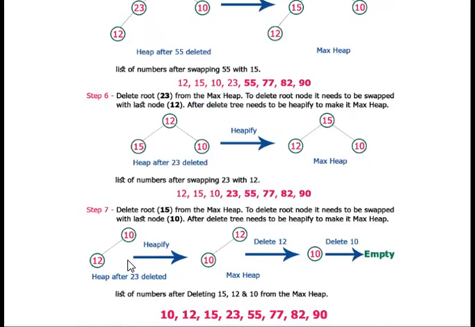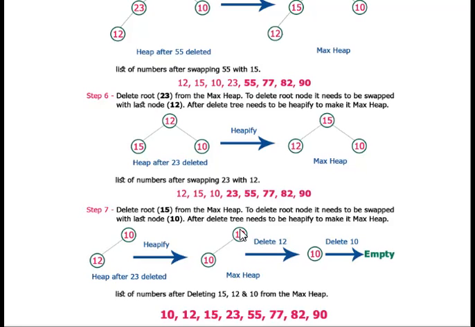Then after heapify, after deleting the 15, 10 will come to the root node. So by the heapify method, it interchanges the values and 12 comes under the root.